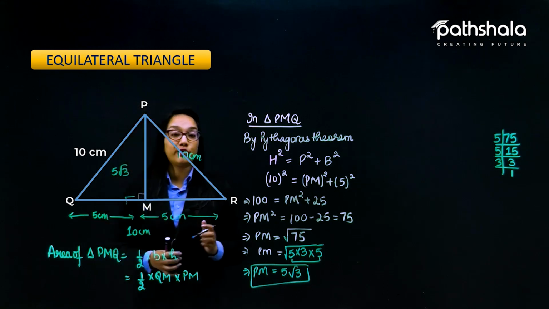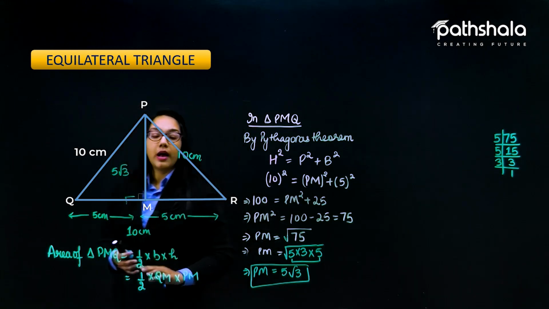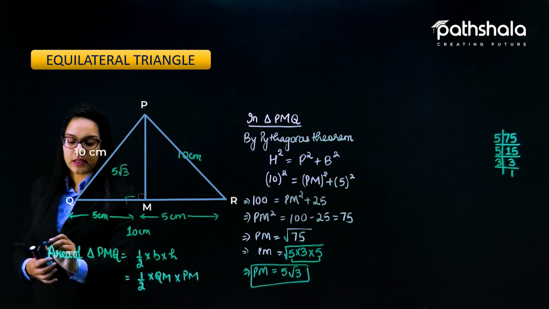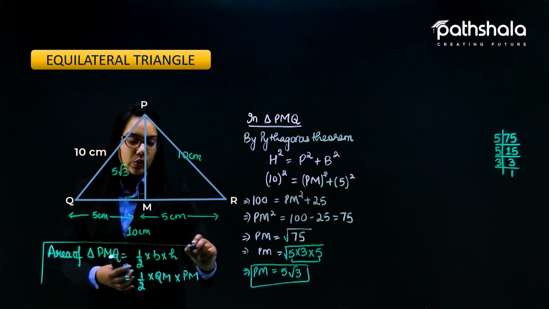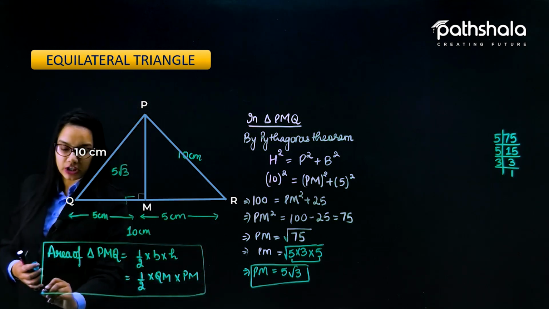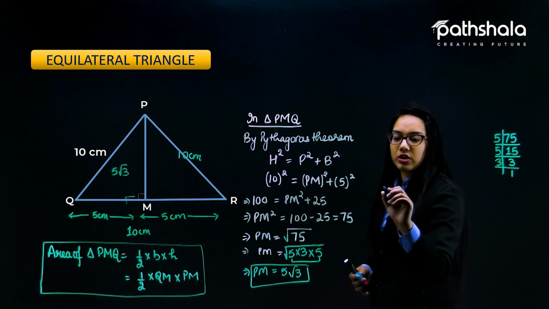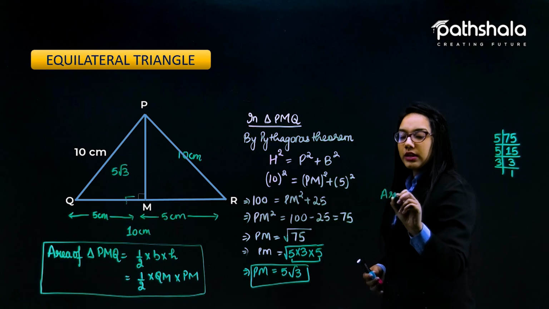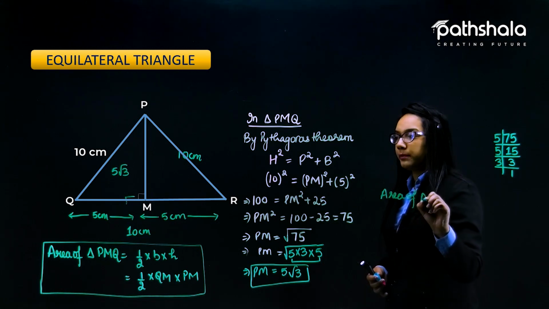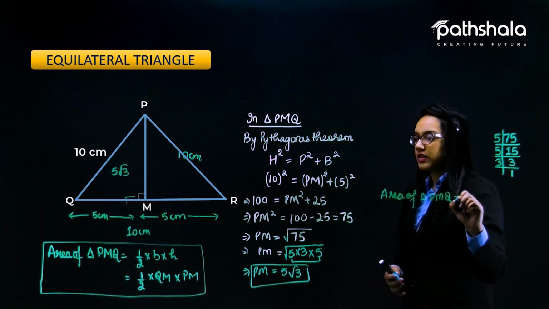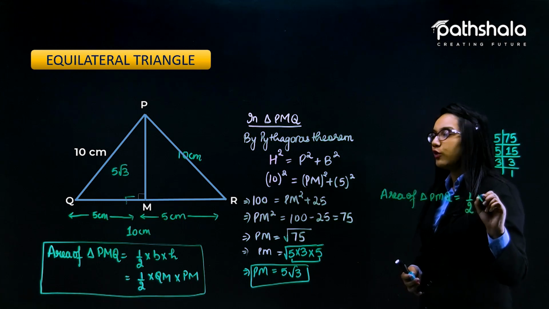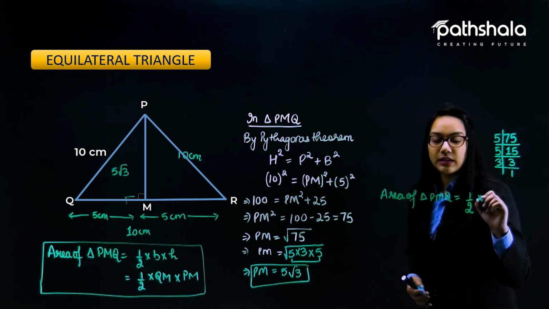So I can find the area of this particular triangle by substituting all the things in this formula. So let's just substitute all the values over here. So the area of the triangle PMQ is equal to half into QM. The value of QM that we have is 5.